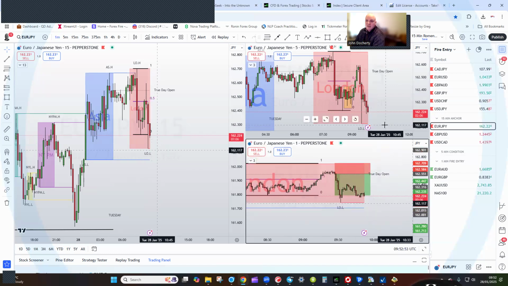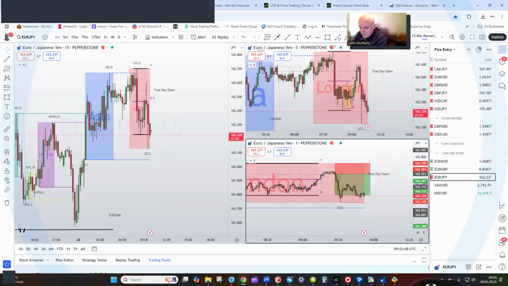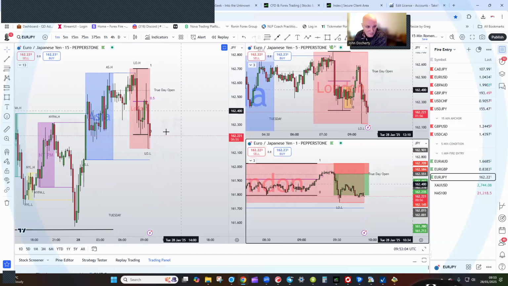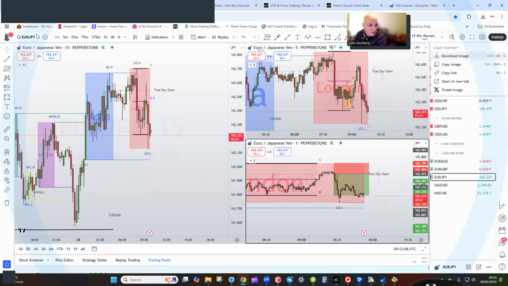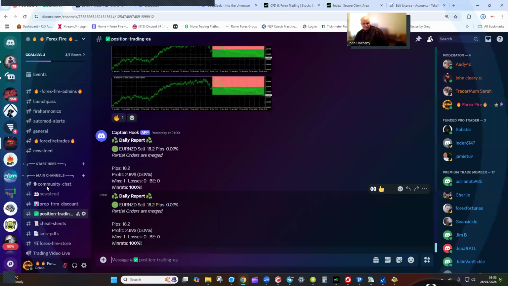Again, I've been busy looking at stuff for coding, which I'll go more about in a minute. So again, the Euro GBP, we do have a setup. Let's put this into here. I'll go into the Discord. I'll go into chat.